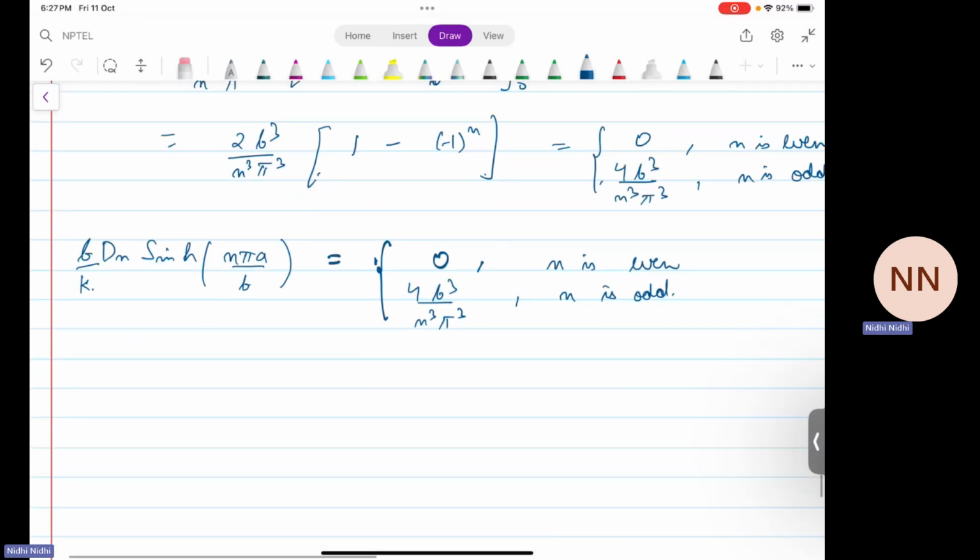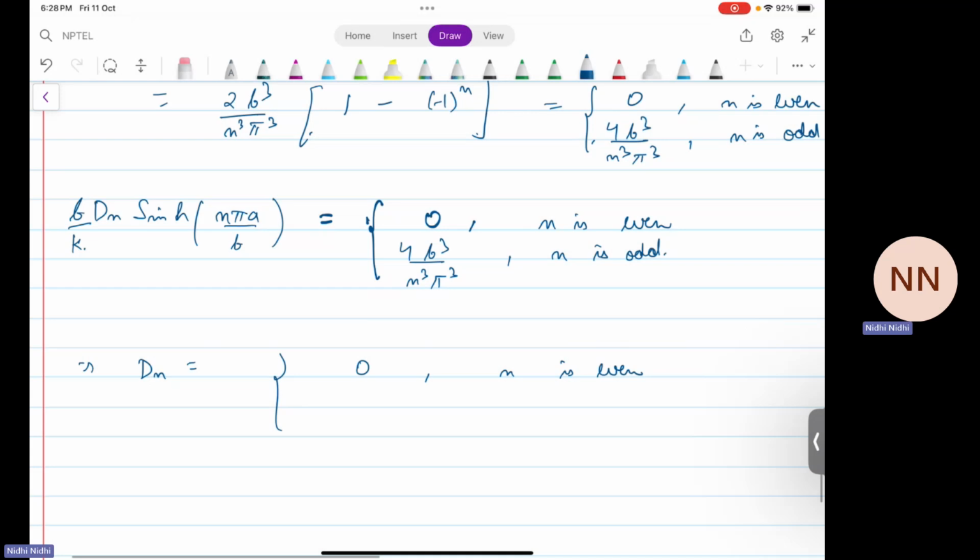So this gives us dn is equal to 0 when n is even, and this is 4k b square by n cube pi cube sine hyperbolic n pi a by b when n is odd.